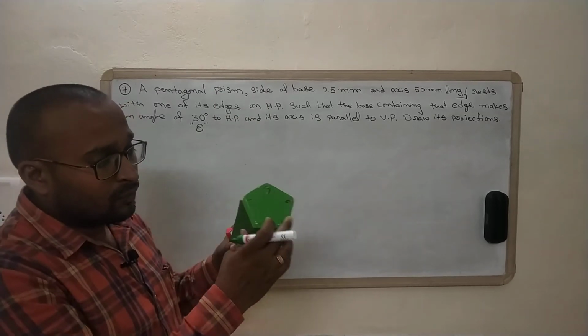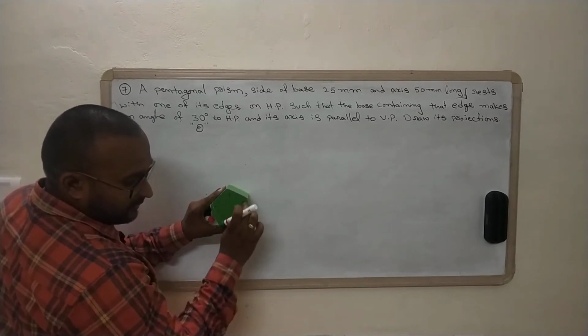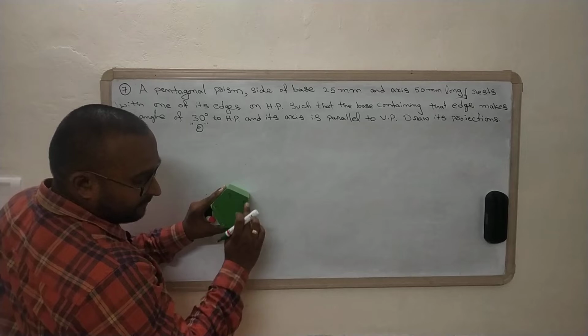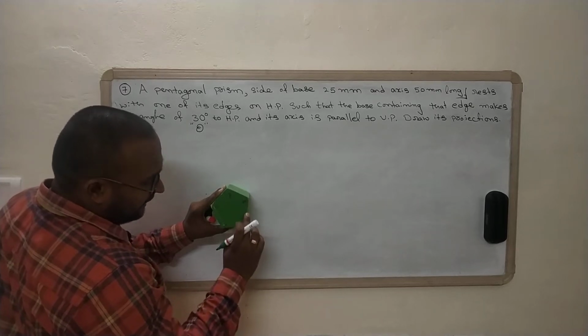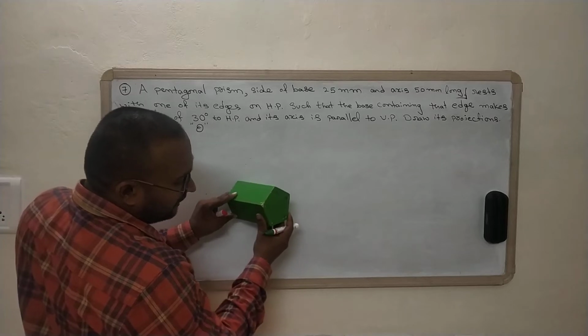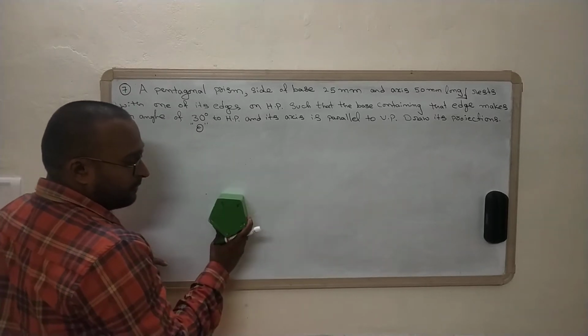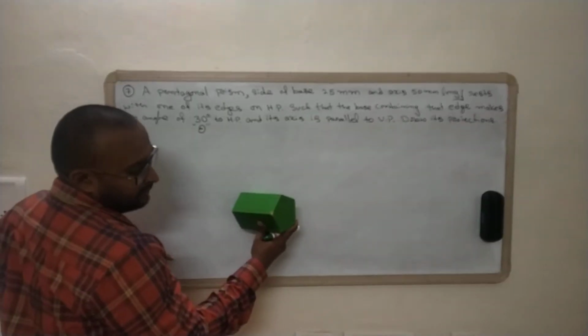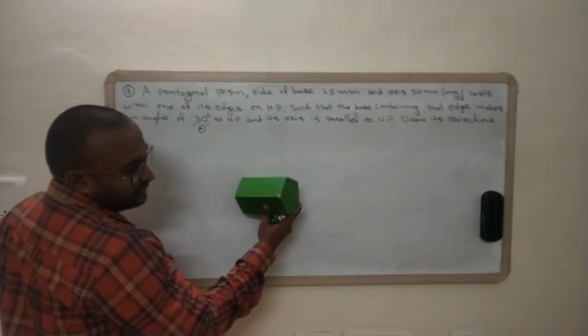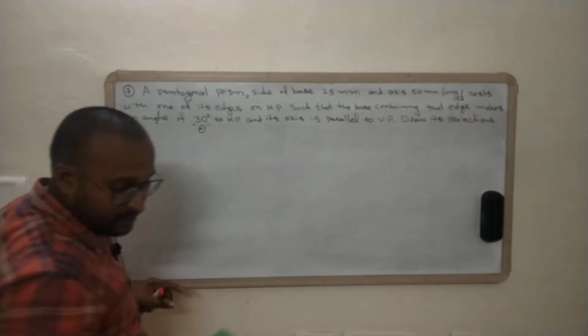At the same time we must start with the vertical line, and then the pentagonal shape, and then we will get the inclination with VP. So this is the top view of the given problem. This is the first top view and then the finalized top view of the given problem, right? This is the way we need to get that.